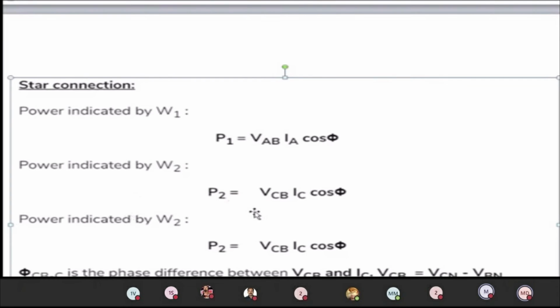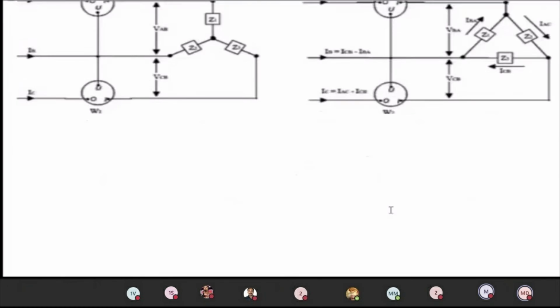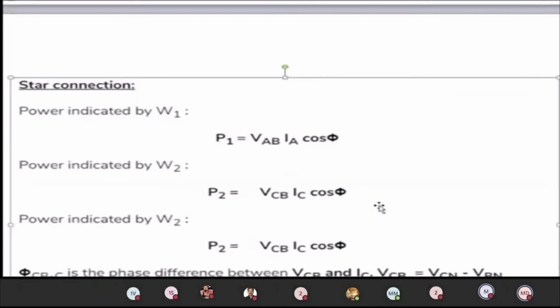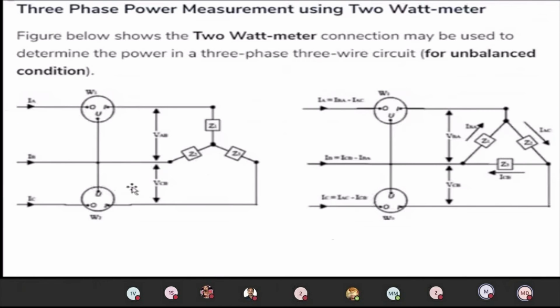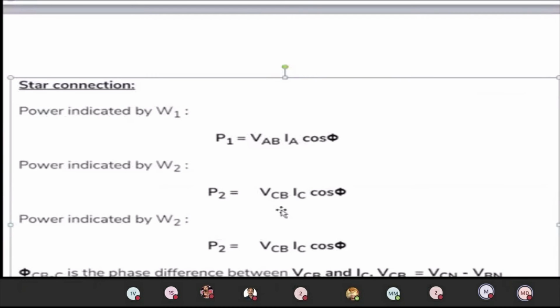Similarly, the power indicated by wattmeter 2. Again go back to the circuit. This is your wattmeter 2, which is given by VCB IC cos phi.